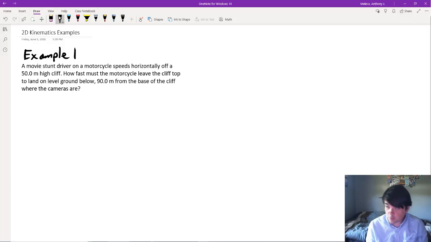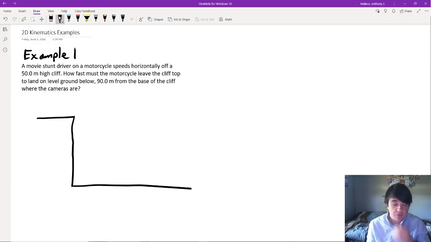Okay, so the first thing that we're going to do, and what I'm going to do for most examples, is actually draw the situation. We've got a movie stunt driver on a motorcycle and they're speeding horizontally off a cliff.